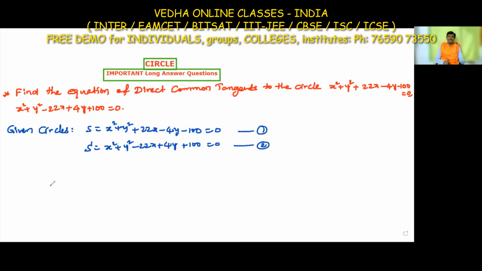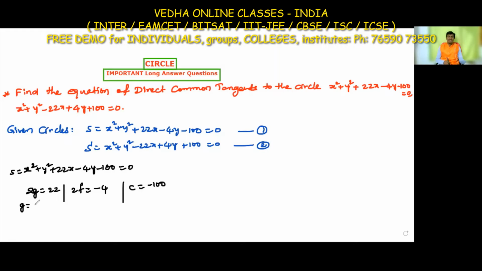Take the first circle: x square plus y square plus 22x minus 4y minus 100 equals 0. This is the first equation. Now I am comparing with the general equation. What is 2g value? 22. What is 2f value? Minus 4. What is the constant c value? Minus 100.